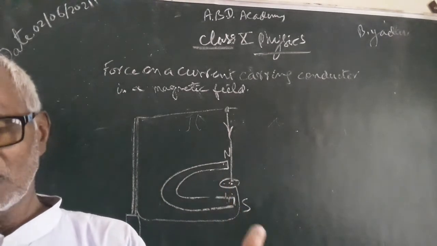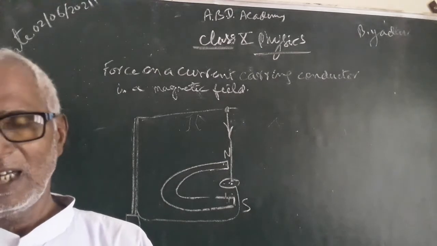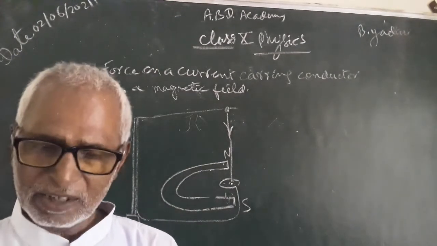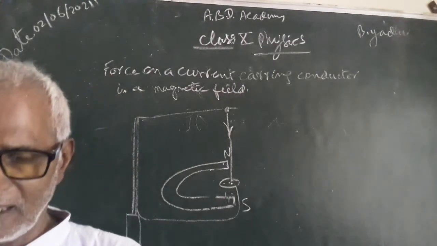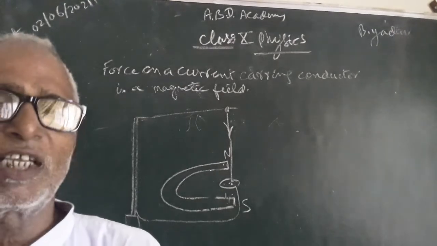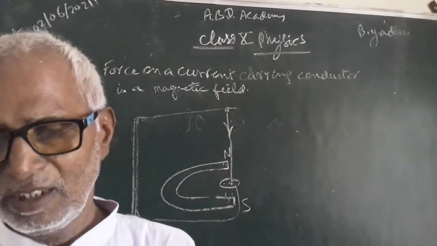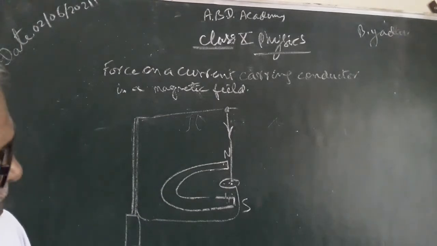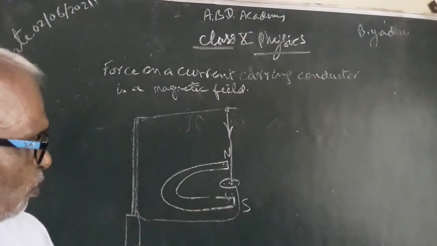This is Fleming's left hand rule, and I am trying to explain it for a current carrying conductor free to move in a magnetic field by an experiment given in the book, and I am trying to show it here.